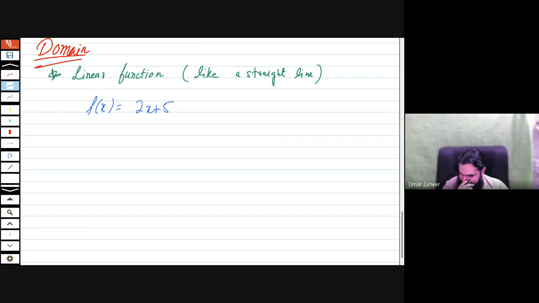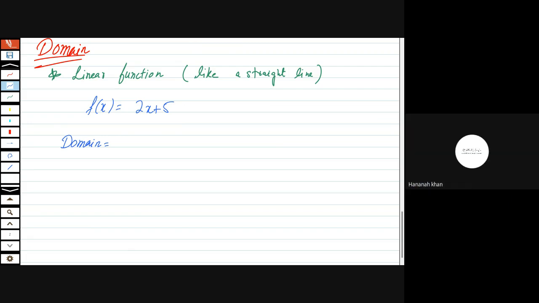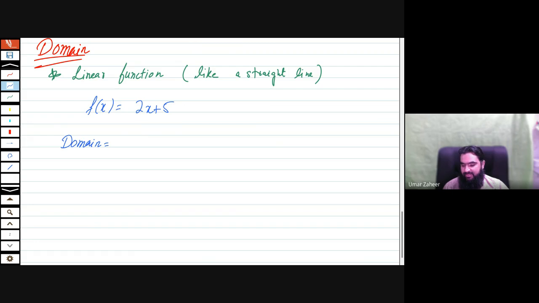So if you have this type of function, and we are going to talk about the domain, is there any value that you cannot substitute in this one? Negative values? If you substitute a negative value, for example, negative 2, 2 times negative 2 plus 5, negative 4 plus 5, you will get the answer.